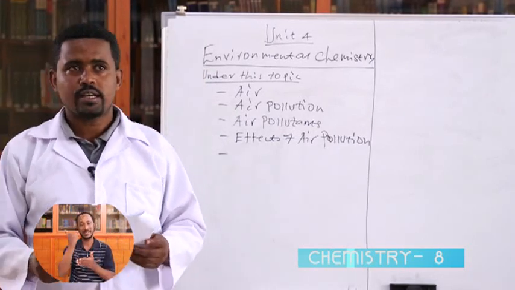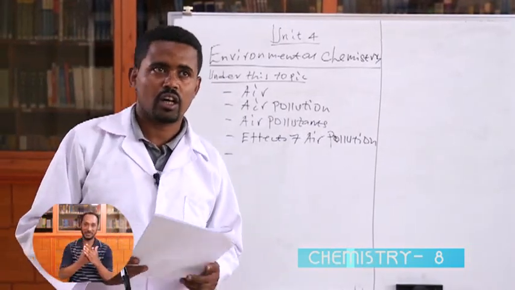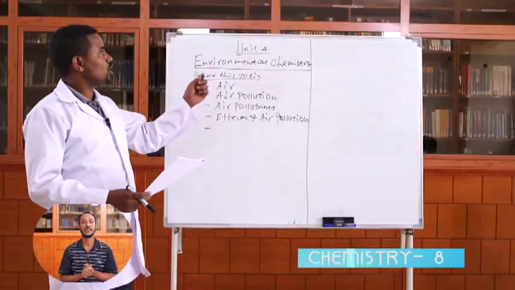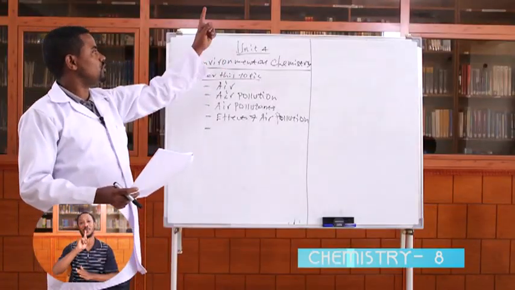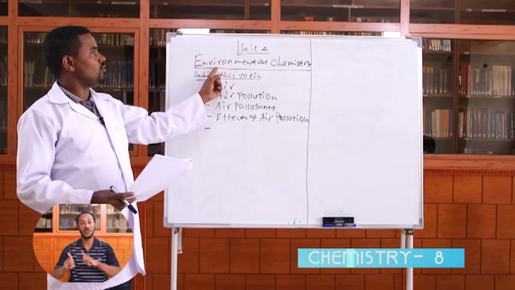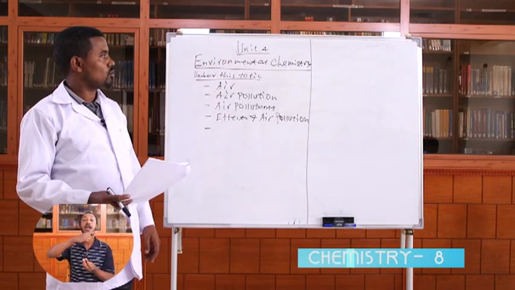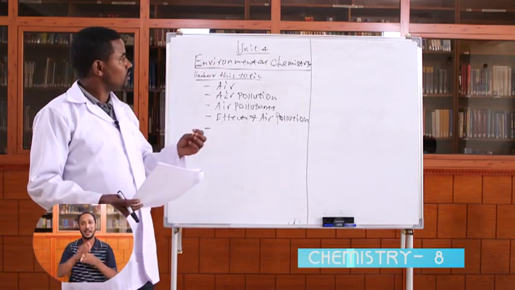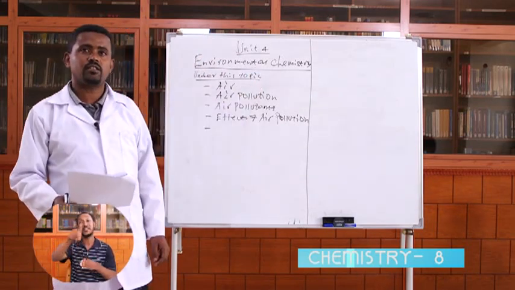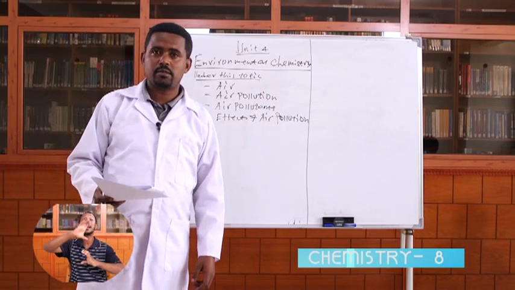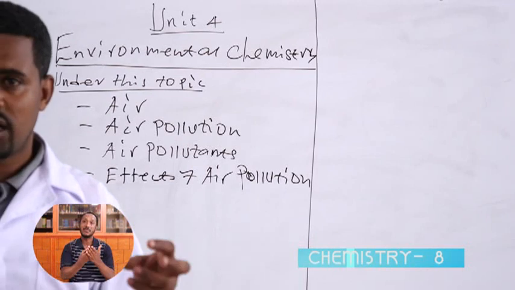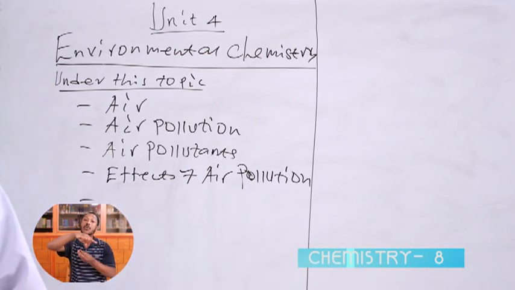Okay, to start today's lesson, we are going to start Unit 4, which is about environmental chemistry. As an introduction, environmental chemistry is one branch of chemistry which is concerned with environmental issues.